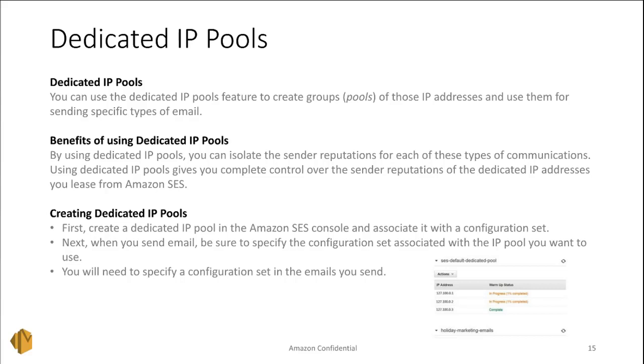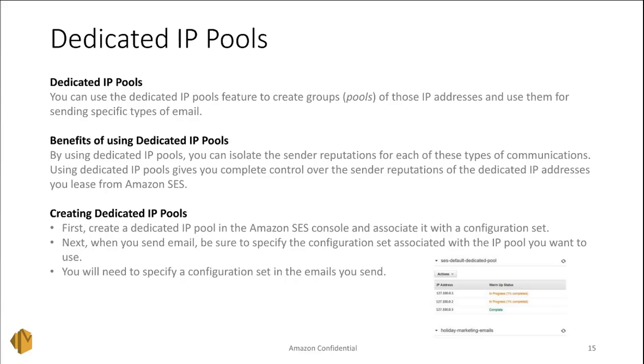You might want to prioritize transactional emails over marketing emails, so that your transactional emails always have a higher probability of reaching the inbox of your end users or customers than your marketing emails. If you are sending these two types of emails through the same set of IPs, then the reputation of the IPs will get lowered to the lowest common denominator.